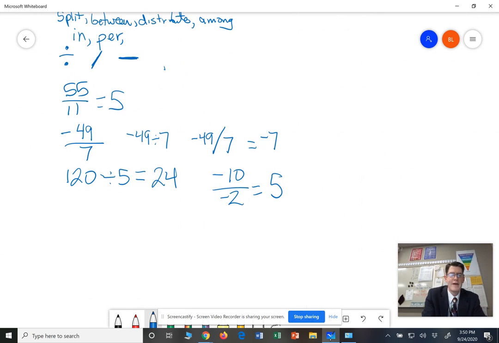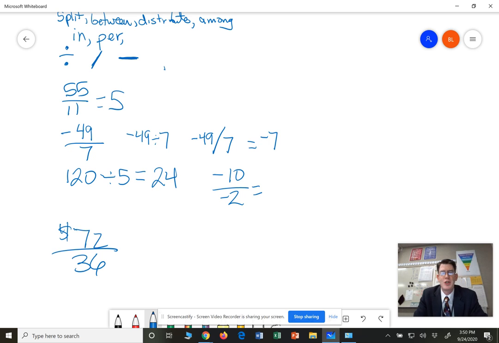What if I have 36 students in class? Whoops, $36. Let's change this. Let's say I've got $72, and I'm going to divide it among 36 students in class. Whatever you're dividing among goes on the denominator of the fraction. Whatever you're actually going to be dividing, that's on the top of the fraction.